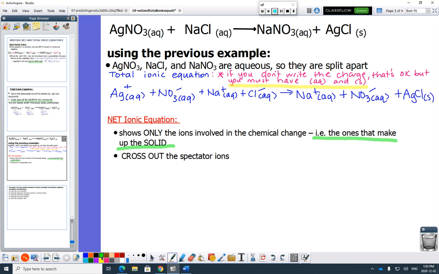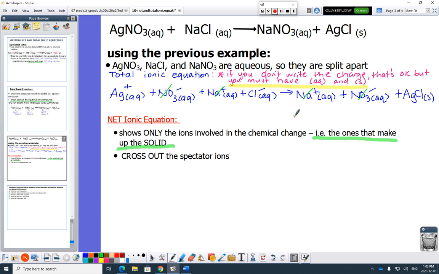It hasn't changed, so lightly cross it out. Sodium, aqueous here, aqueous across the arrow, cross it out. So then when you write the net ionic equation, once you've crossed stuff out, all we have left is silver ions. Chloride ions make the solid.